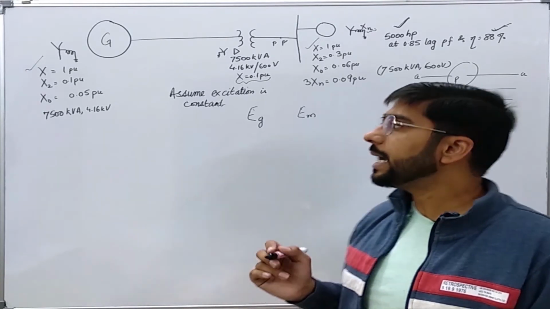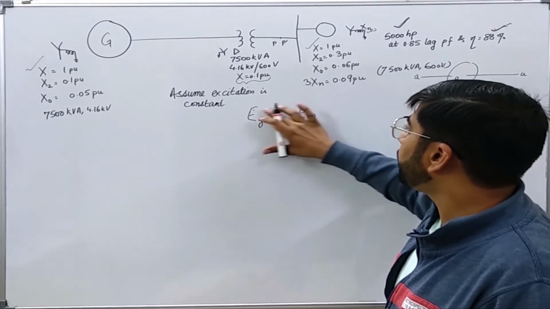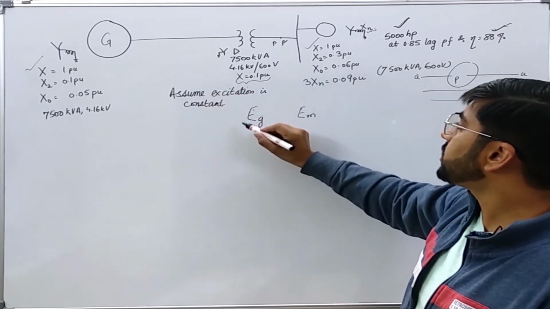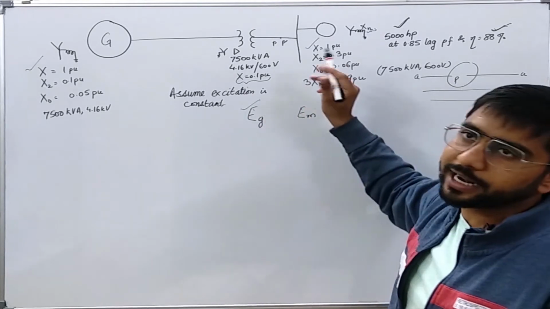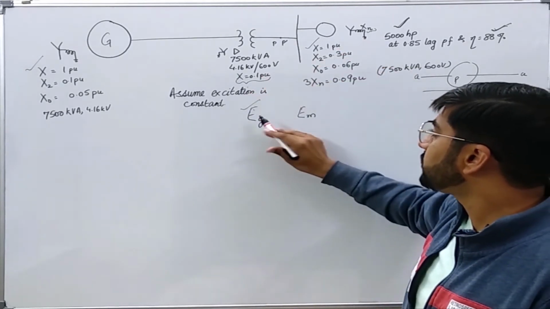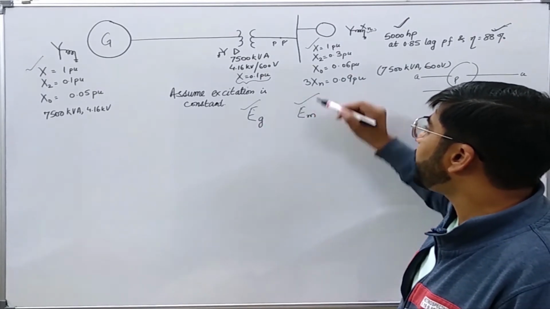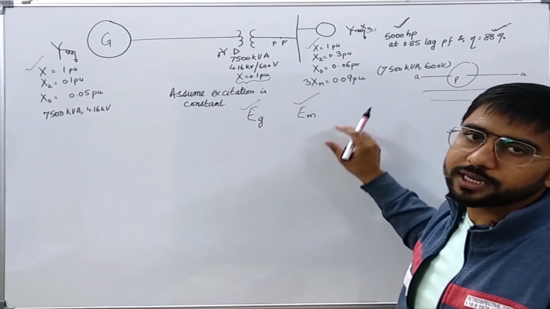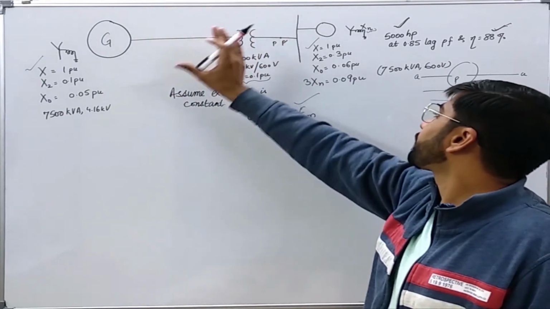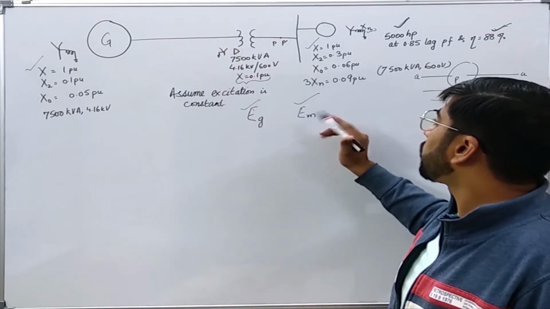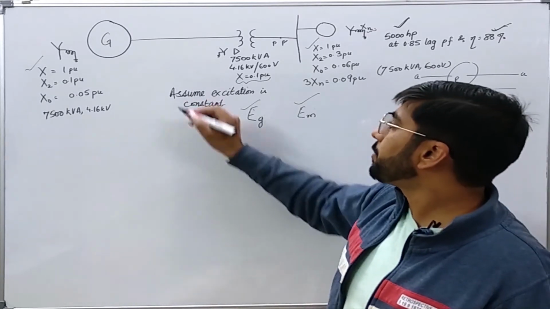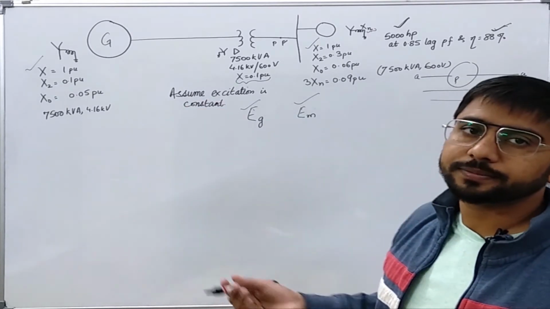So as of now we will assume that since excitation is constant, and since we are dealing with the steady state case, the voltage behind the synchronous reactance for the generator, and this voltage behind the synchronous reactance for the motor, are going to remain constant. That is, this E_M or E_G is going to remain constant, depending upon the terminal voltage and the load current.